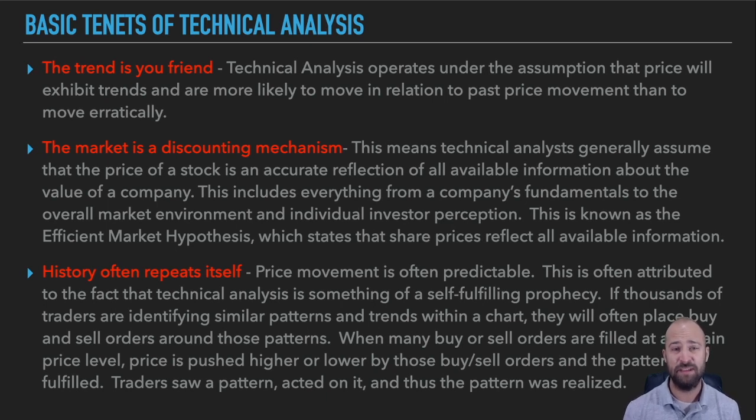If you have 1,000 people seeing the same chart pattern develop and they're trading that chart pattern in the same way, their collective actions based on the technical analysis that they're performing are actually going to push price to do what they think it should do. For example, if you have a chart pattern developing that tends to lead to the stock moving up, once the pattern resolves, you can expect that the market is going to make note of that pattern developing and that there's going to be a ton of investors stepping in to buy at whatever point they think that chart pattern is going to resolve.